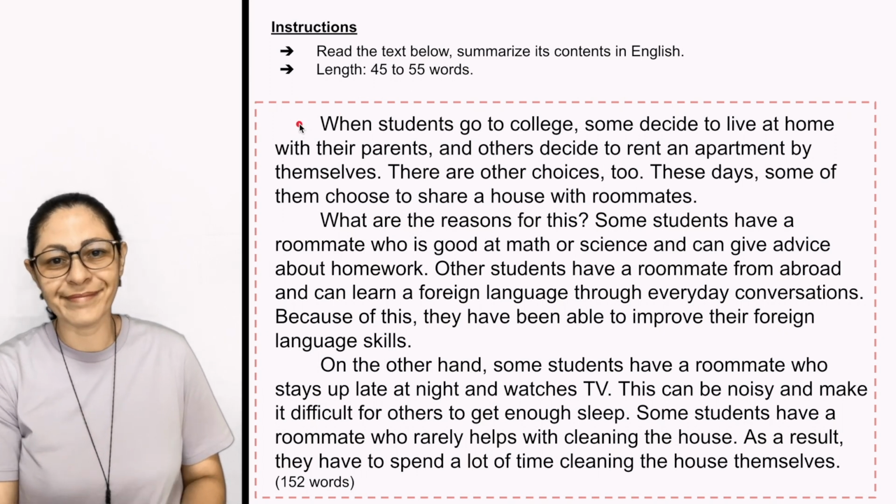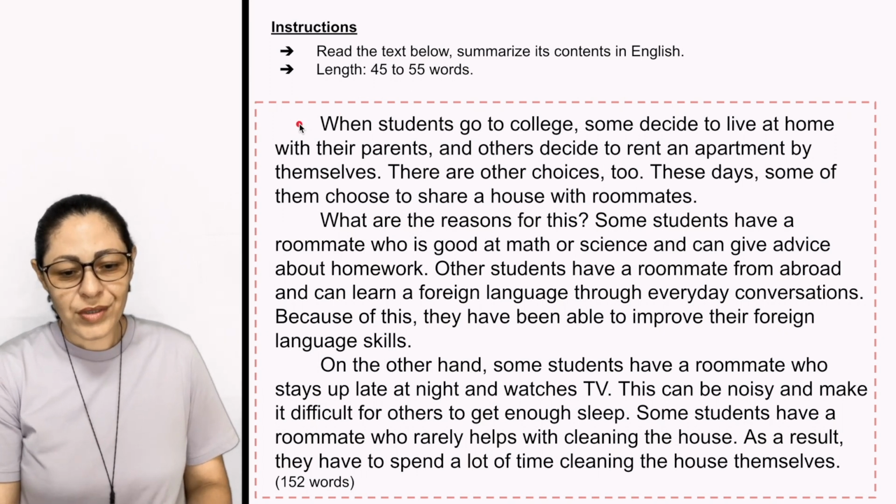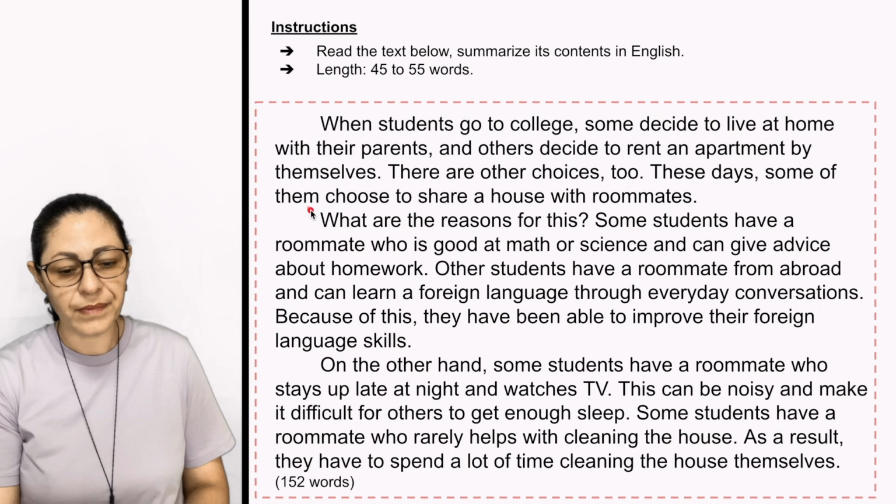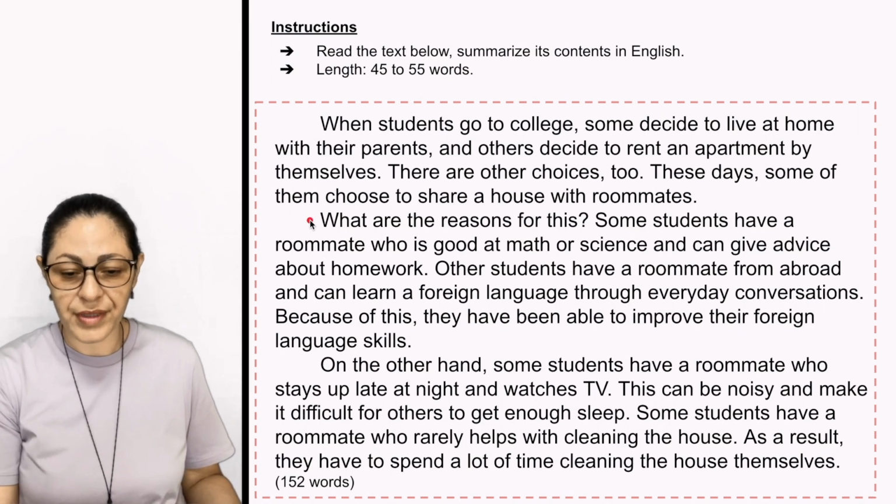Well, let's go. When students go to college, some decide to live at home with their parents and others decide to rent an apartment by themselves. There are other choices too. These days, some of them choose to share a house with roommates. What are the reasons for this?